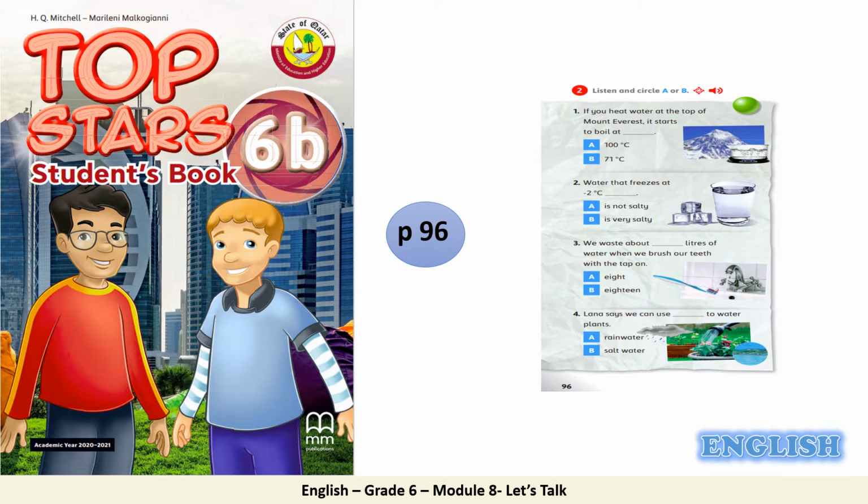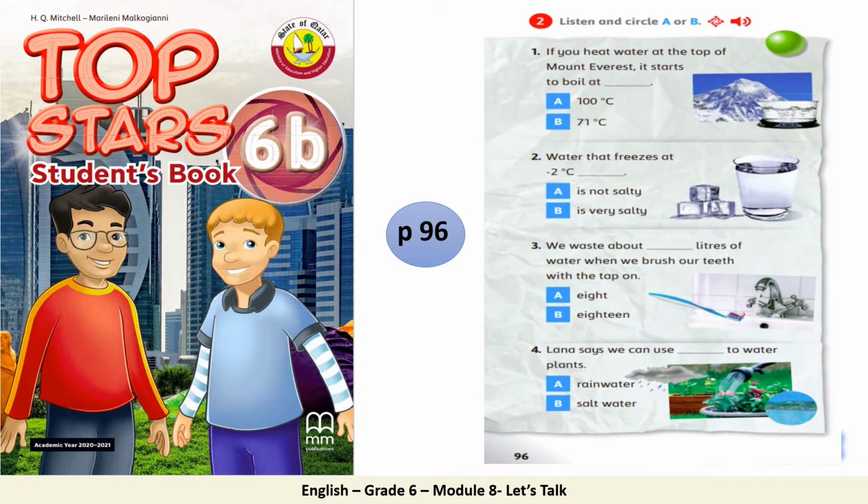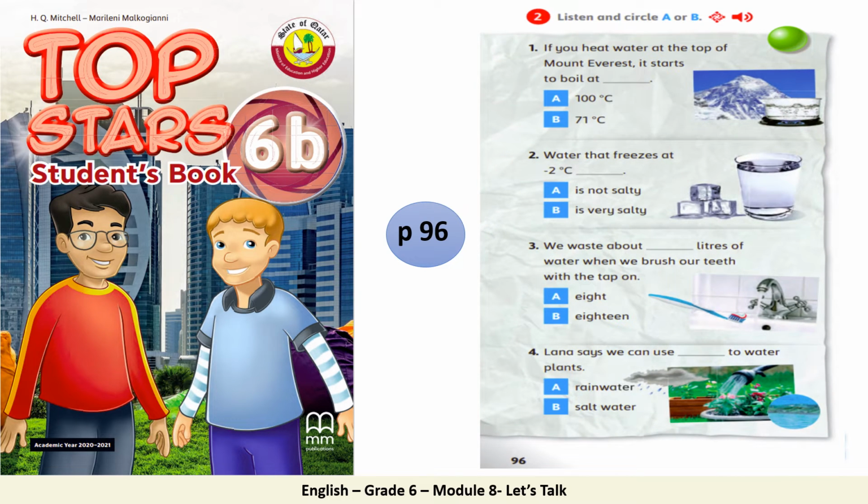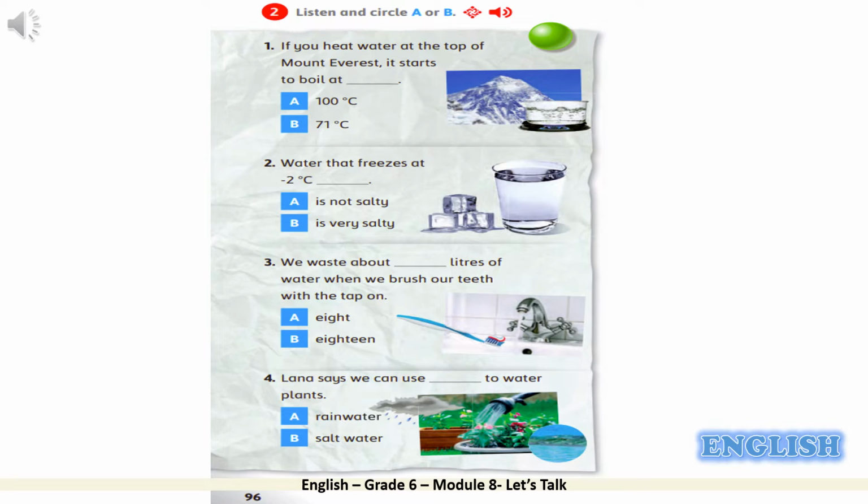Now, let's move on to your student's book on page 96. We have a listening activity. So here you are going to listen and circle A or B. We have a dialogue between two people and we have 4 sentences and each sentence has 2 alternatives.